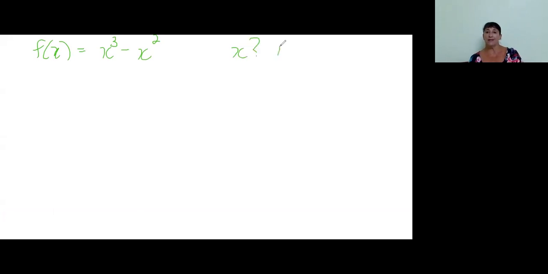Right. I just want to deviate a little bit from the sketching quickly. Right, so if I gave you a function, the same one. Yeah, the same one. And I said to you, for which values of x is the function decreasing?